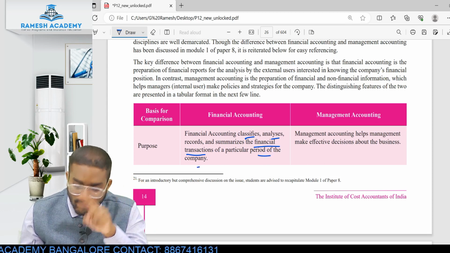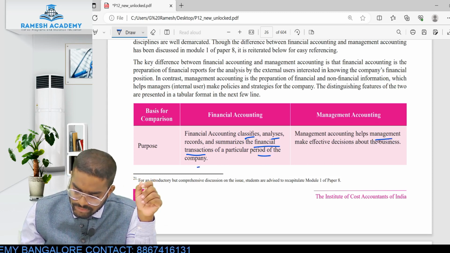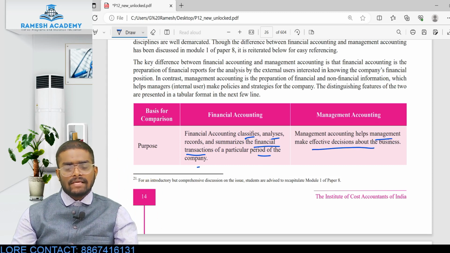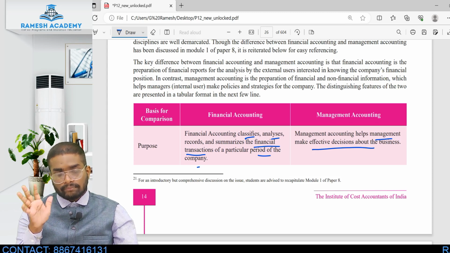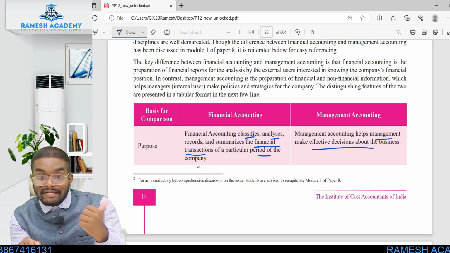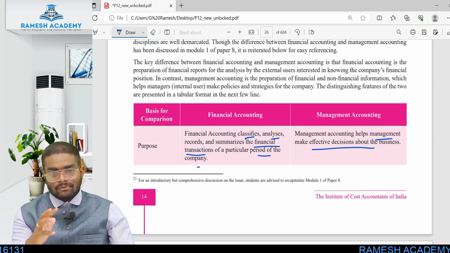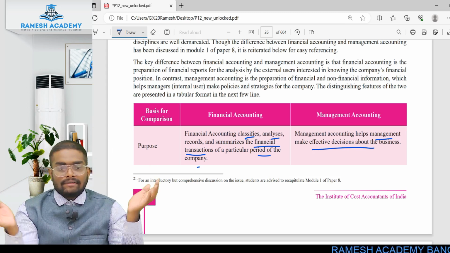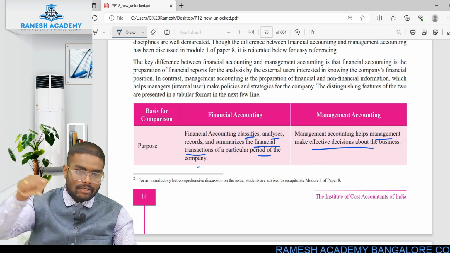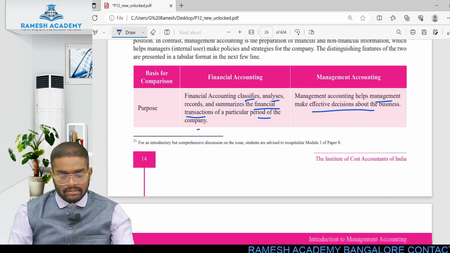But when you come to management accounting, it helps the management to make effective decisions. For that, it requires financial information and cost information. So management accounting is like a big bucket, as I told. In that bucket, we'll have financial accounting, cost accounting, and qualitative information also.